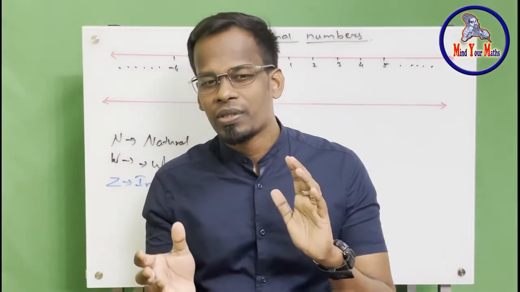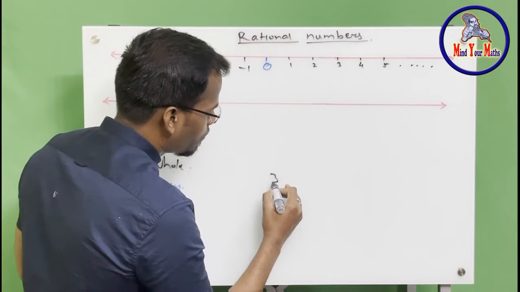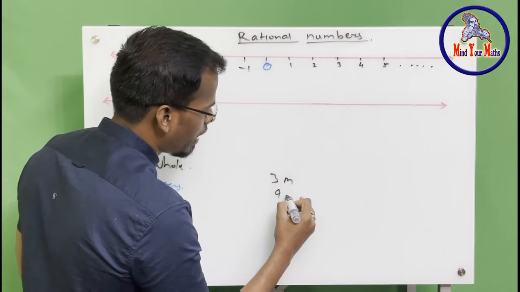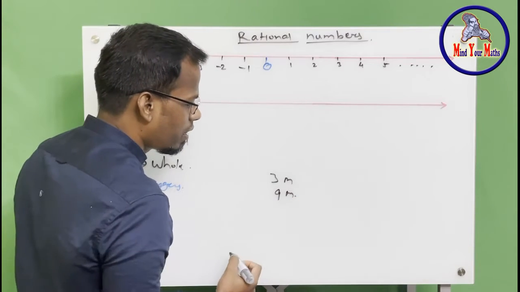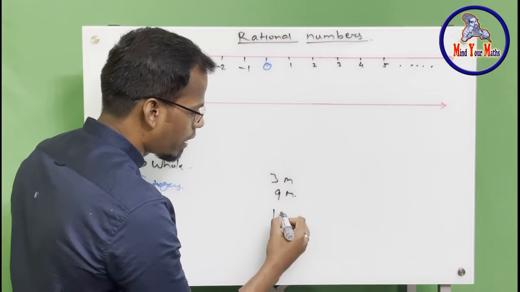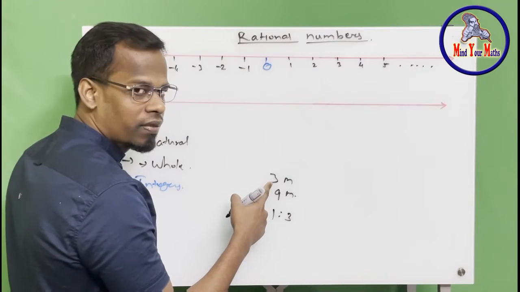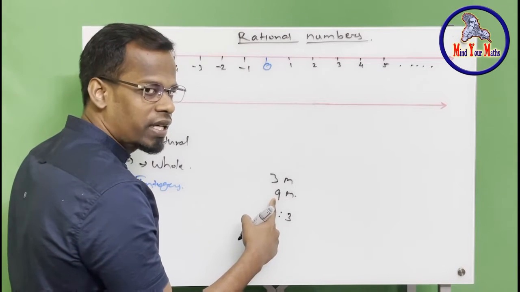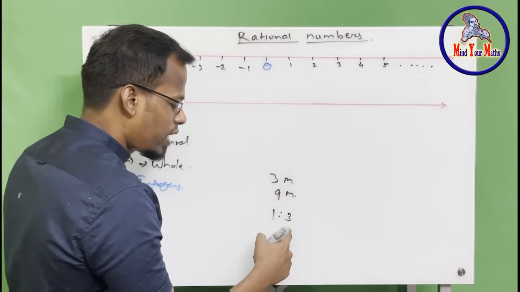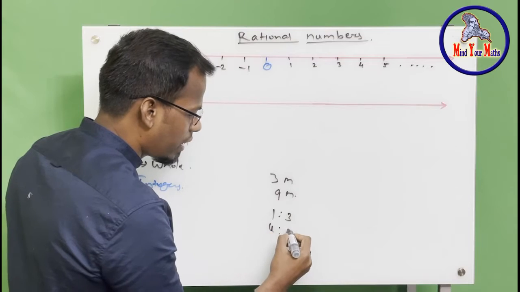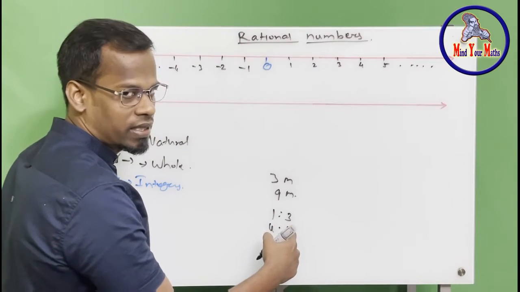Fractions and ratios are sometimes used interchangeably. For example, you have 3 mangoes and your brother has 9 mangoes. Now the ratio between the two of you is 1:3. You have 1 times 3 and your brother has 3 times 3. So that is the ratio between you and your brother.